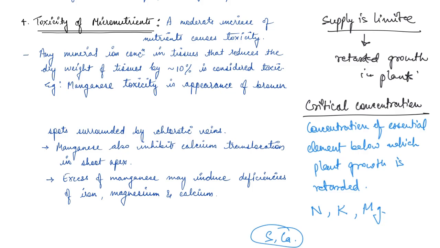You will have to know that manganese competes with iron and magnesium, and it inhibits calcium translocation as well. So if excess of manganese happens, it induces deficiency of iron, magnesium, and calcium, right? So the symptom of manganese toxicity can also be a symptom of deficiency of iron, magnesium, and calcium.